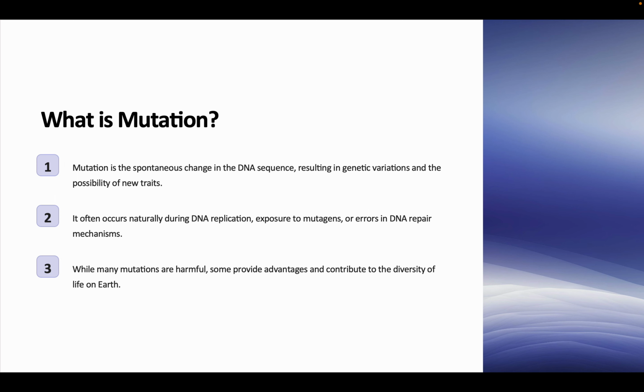So if you go to regions like Africa, where malaria is very endemic, very prevalent, in that region you will find a lot of people with this mutation because it protects them from malaria. So sometimes it can be advantageous, but then it can be harmful as well.